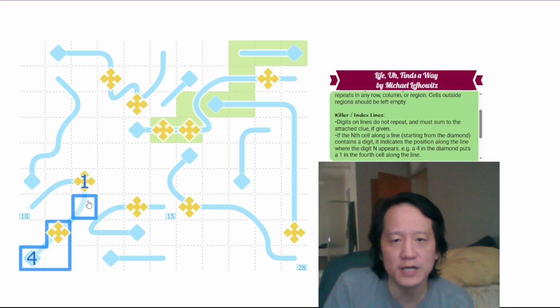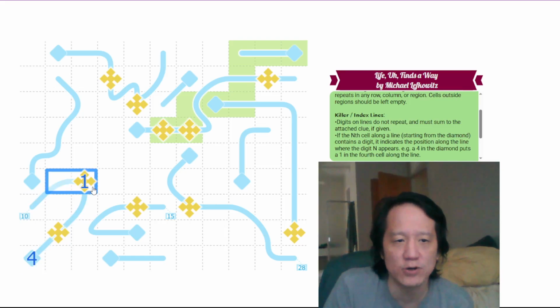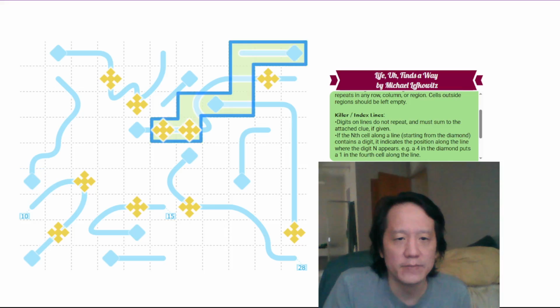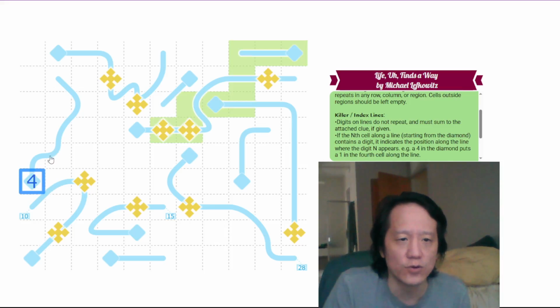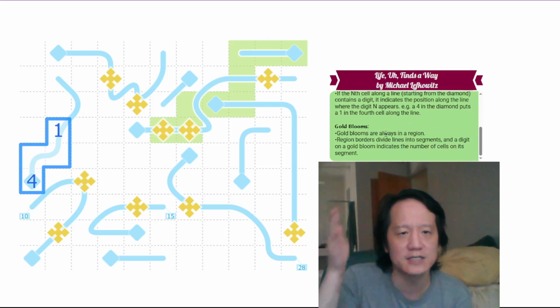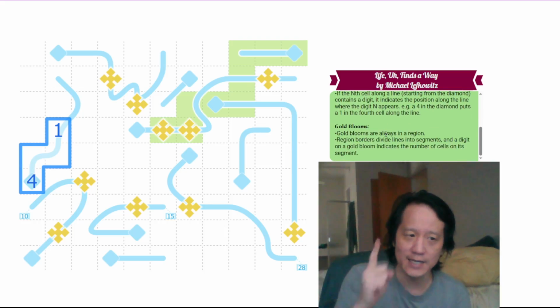So that would be an example of how the index part of the index line works. Or I guess we could use this one here, right? So say this was 4. 1, 2, 3, fourth cell would have to be a 1. And remember, digits on the line must sum to the attached clue if given also. So these act as both killer lines and index lines here.